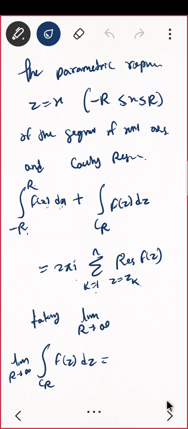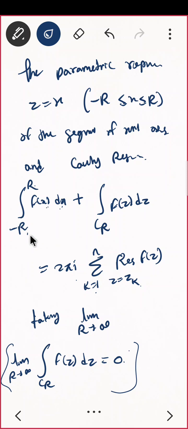They won't be a trouble for me. If this goes to infinity, the function would be analytic. So the limit r tending to infinity of the integral over Cr of f of z will be 0. And if you take the limit everywhere, this is 0.